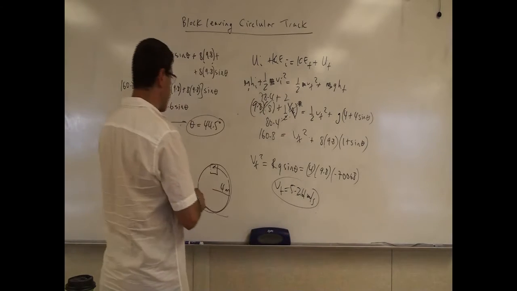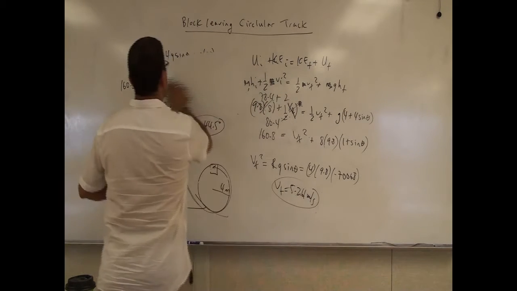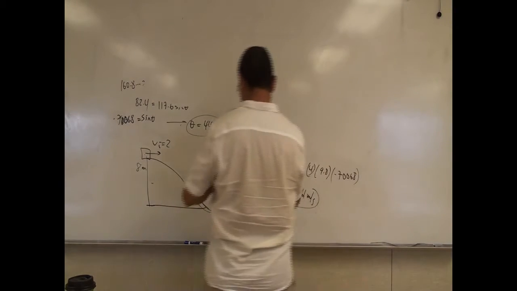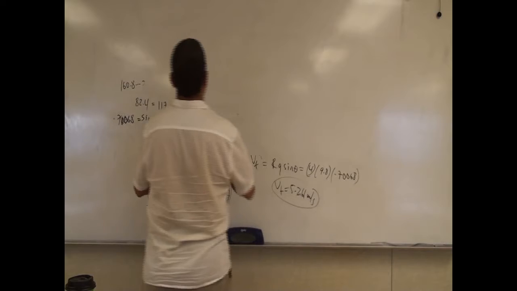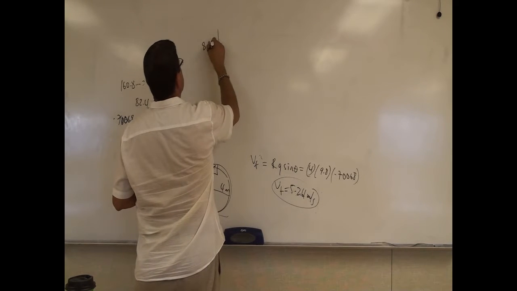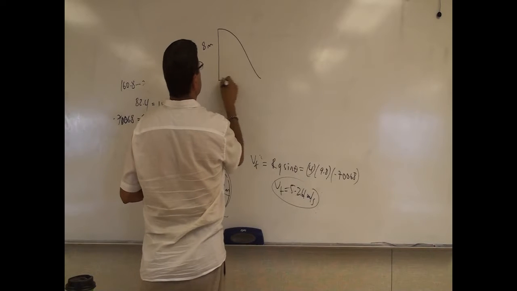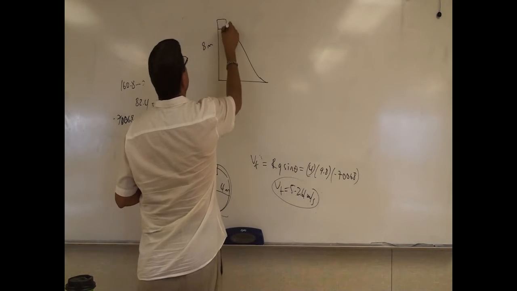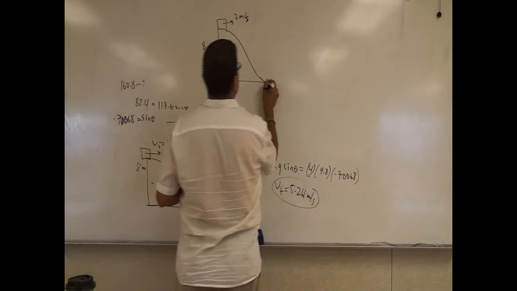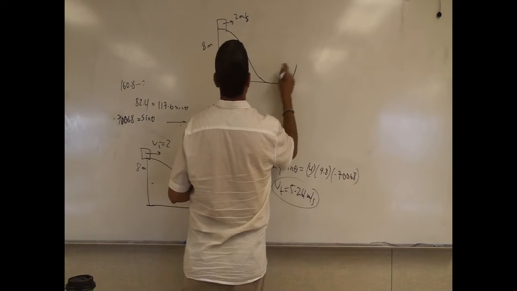So the conclusion of this problem is this. The picture looks like this. Okay, so then you got here, this block is starting 8 meters up. It's starting with an initial speed of 2 meters per second, right? Then it's going to come, this is 4 meters radius.